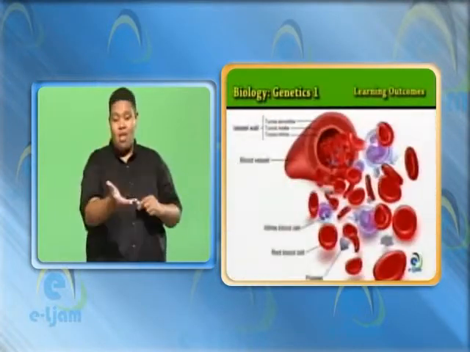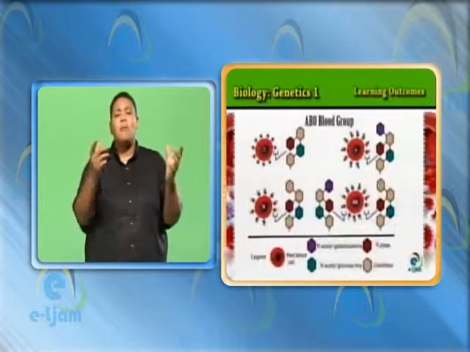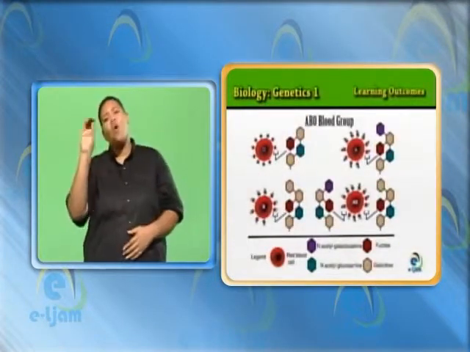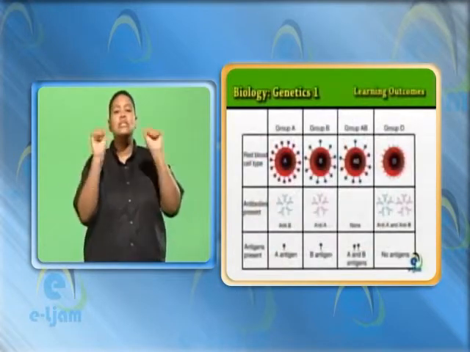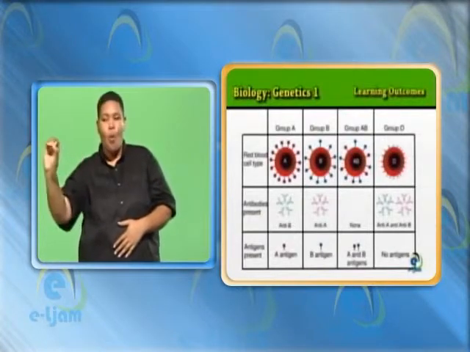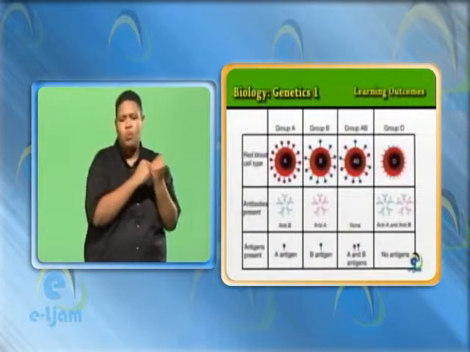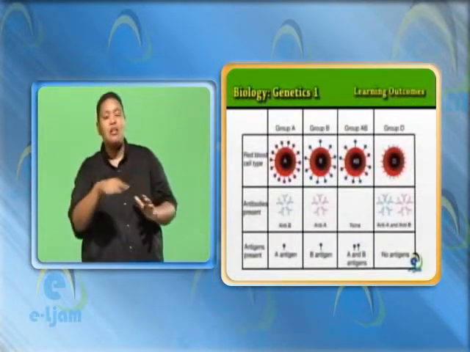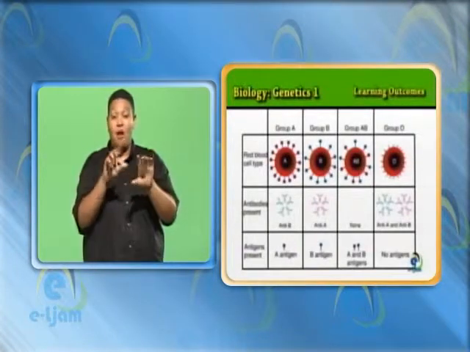A clear example of such multiple alleles is provided by the alleles controlling the ABO blood group system in humans. The ABO system is controlled by 3 alleles, A, B, and O. The A and B alleles show equal dominance with respect to one another, i.e. they are codominant. But each is dominant to the allele O.